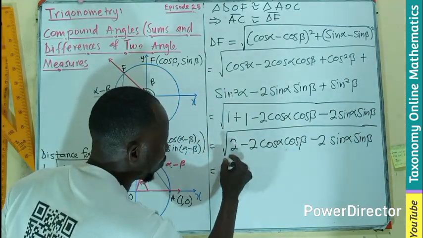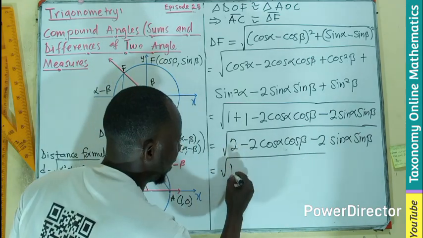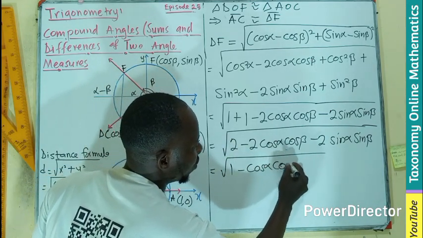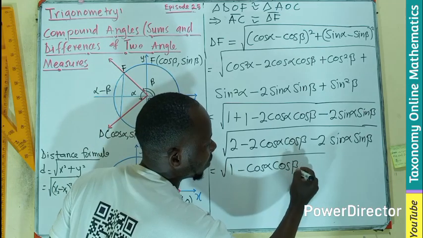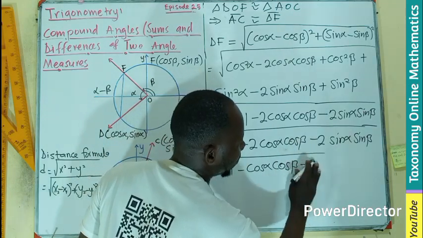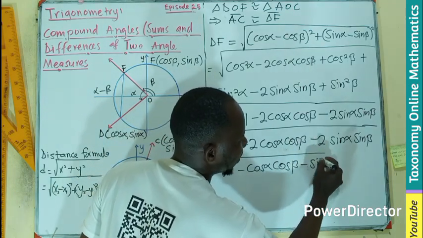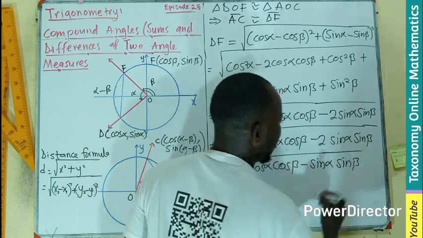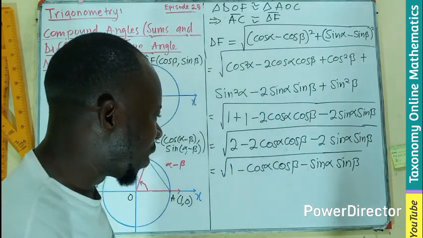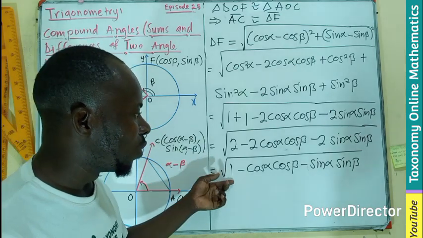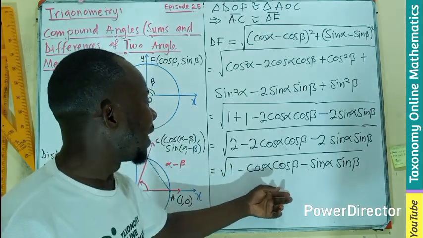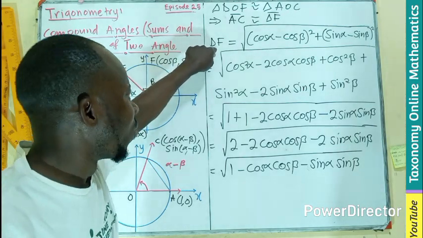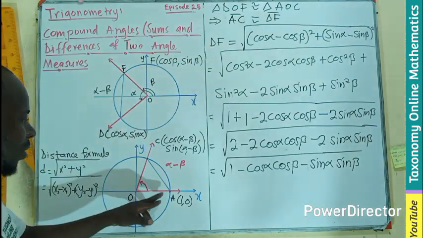Then we can have the root of 1 minus cos alpha cos beta minus sine alpha sine beta. I'm sure at this point we don't have anything else to do, so we leave this like that, representing the length of DF. So we need to also find the length of what?